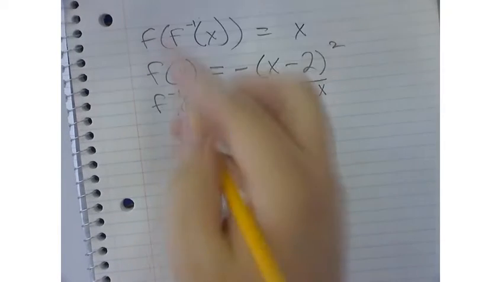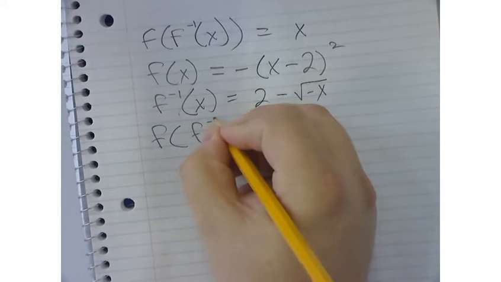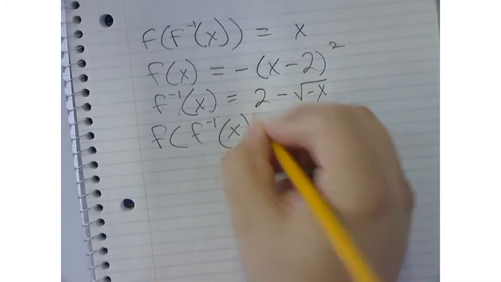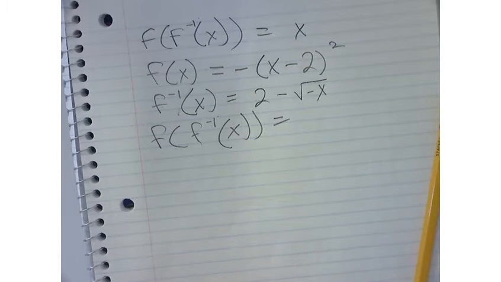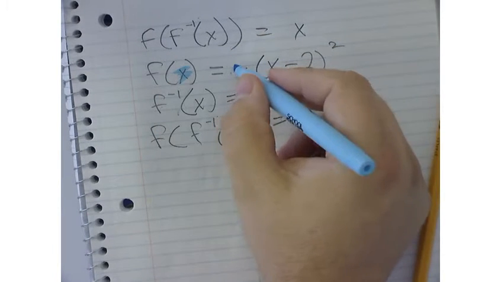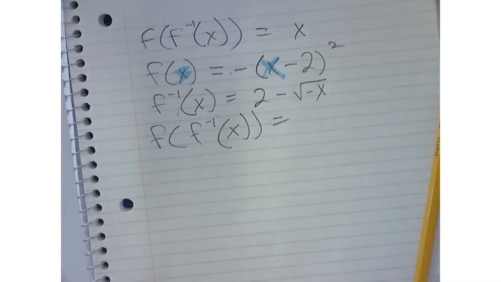So now if I'm going to do f of f inverse of x, here's what I want to do. I look at my original function of x. Here's my x right here, and that's all this stuff here, right? So wherever there's an x, I plug in an x.